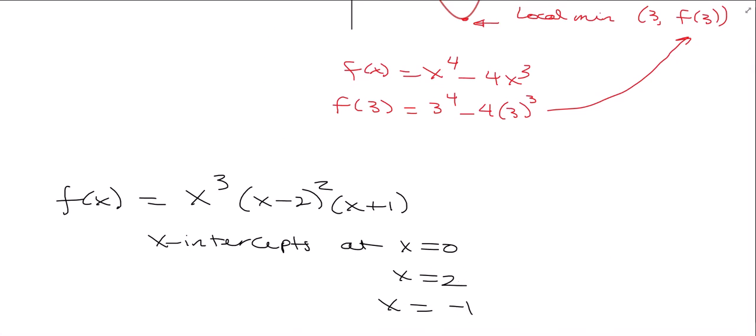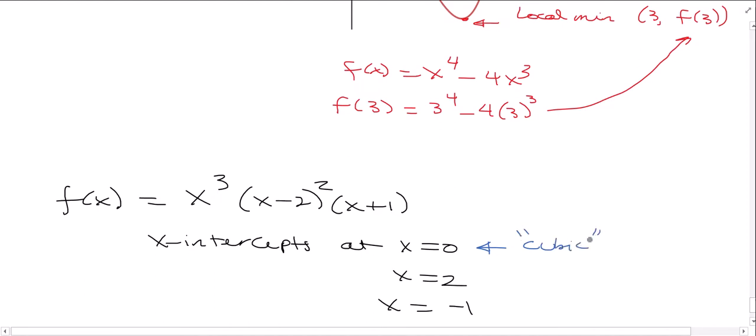And so from pre-calculus, I know that based on the power of the term, that tells me how I cross that intercept. So when we cross x equals 0, 0 came from the term x cubed, so we're going to look like the cubic function as we cross it.